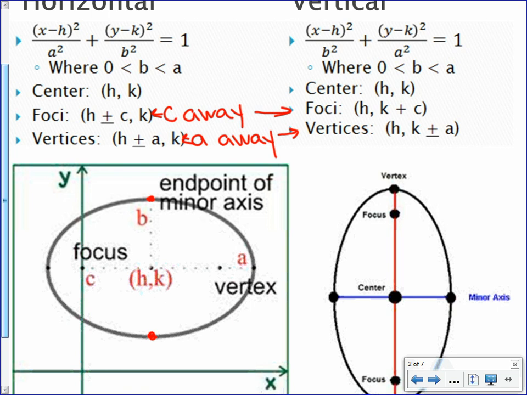I want you to understand why we have the equation. Any questions on standard form before we figure out the C value?